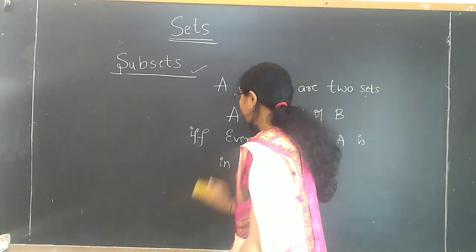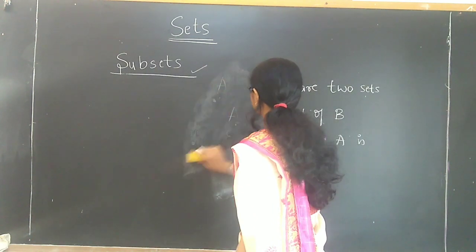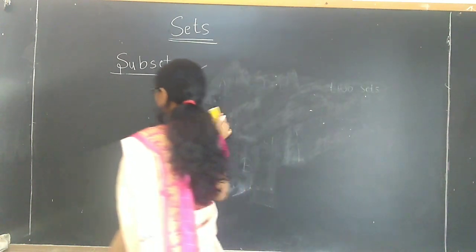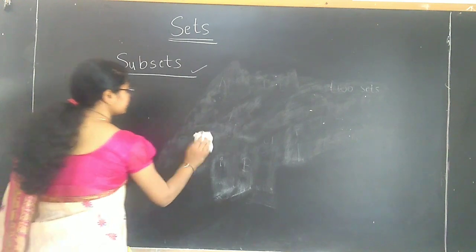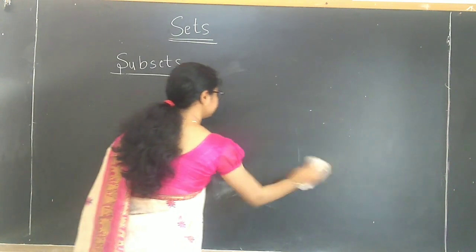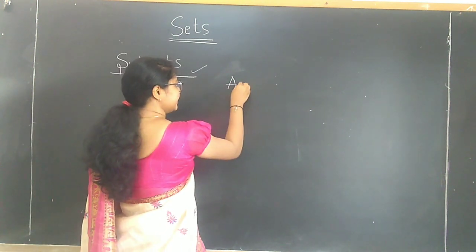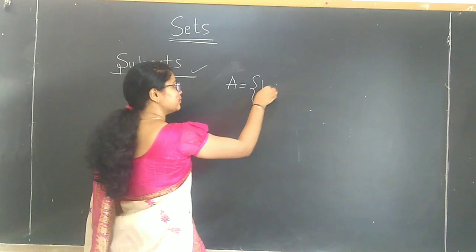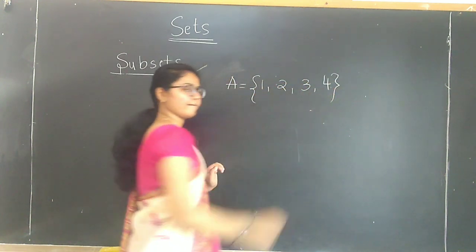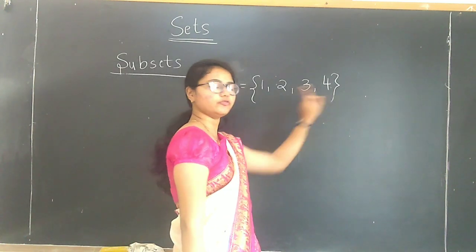Let me explain with an example. I take A as one set with the elements 1, 2, 3, 4.